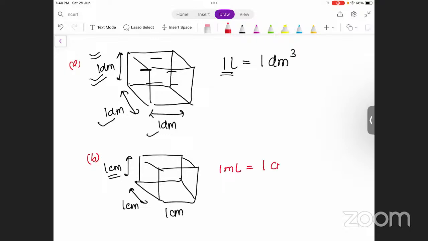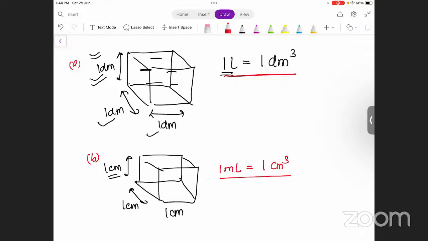So I'll write it as 1 centimeter cube. Now, here, what we can see is 1 liter is equal to 1 decimeter cube and 1 ml is equal to 1 centimeter cube.